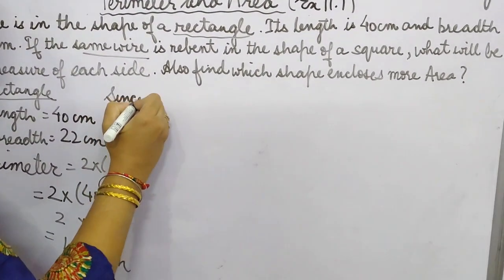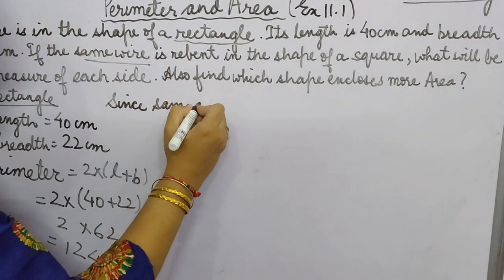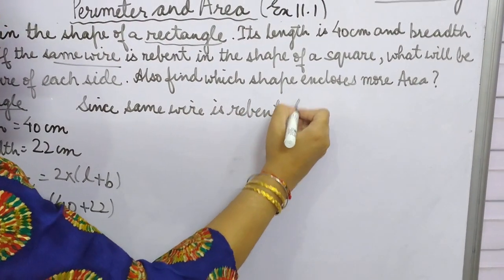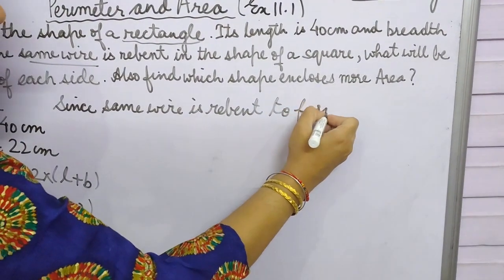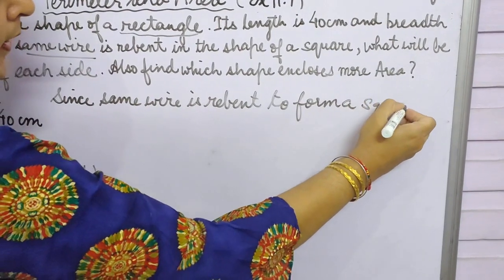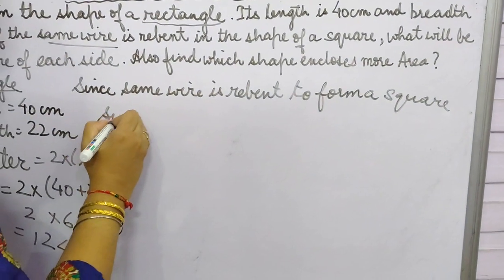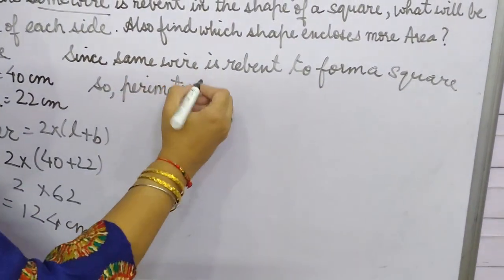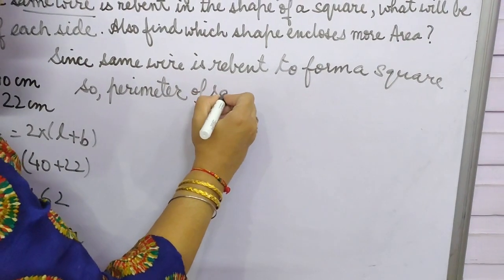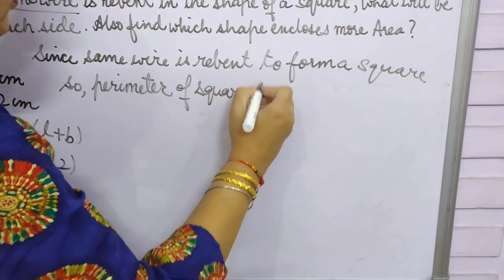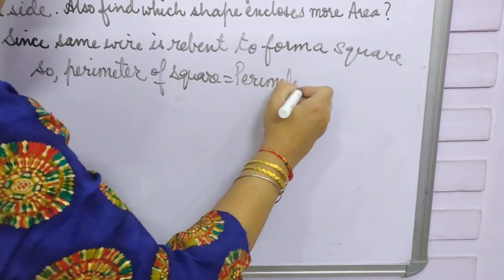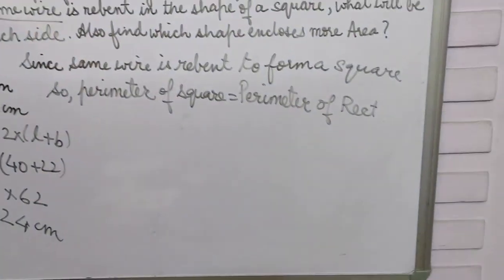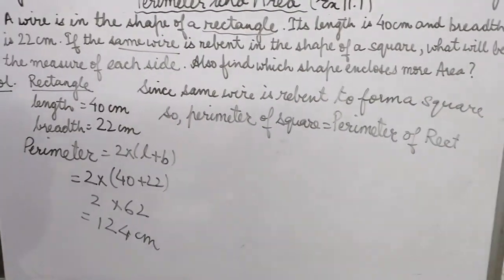Since the same wire is rebent to form a square, the perimeter of the square is equal to the perimeter of the rectangle.